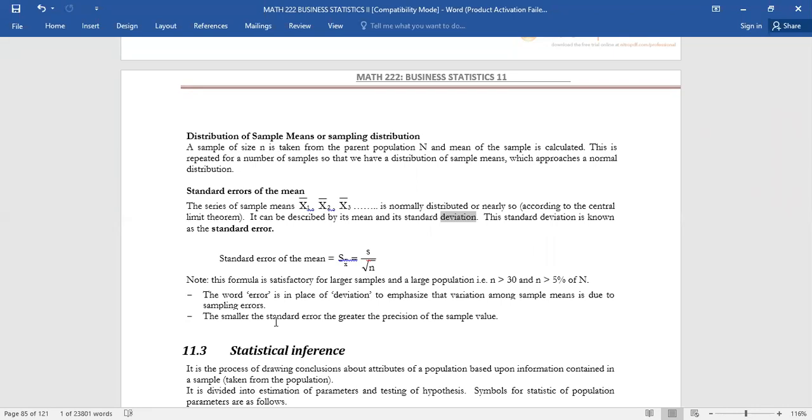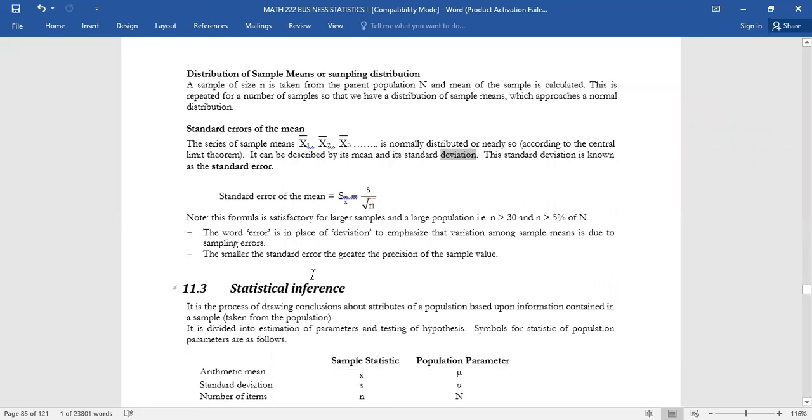Now let's look at the statistical inference. And this is normally the process of drawing the conclusion. To a statistician, data is just data. It is meaningless. It is after the analysis that you give meaning to this data. So if you've not analyzed, you cannot really say that this is how the data is behaving.